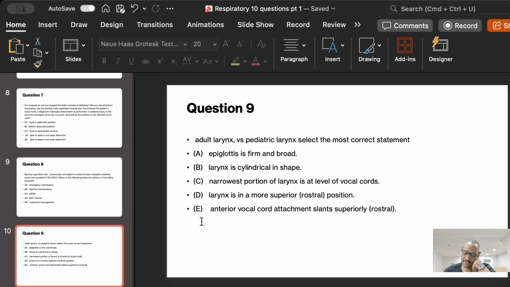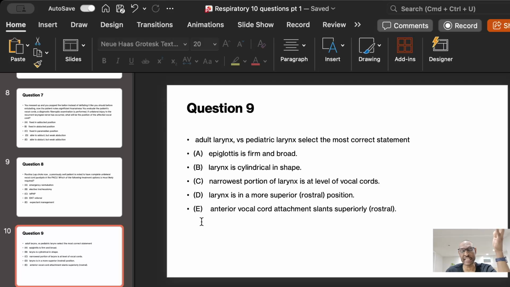Number 9 talks about the adult larynx versus the pediatric. I love to do this. Understand that the pediatric airway is just not a smaller version of the adult airway.